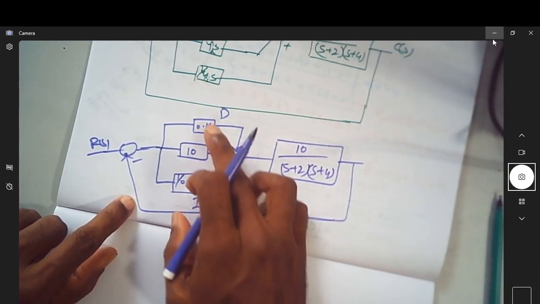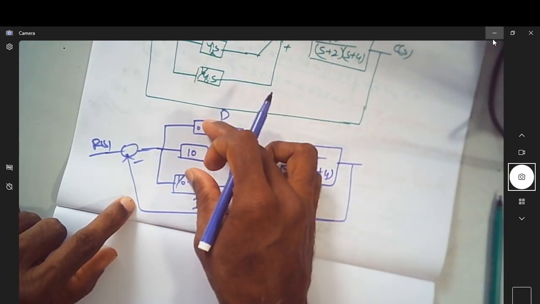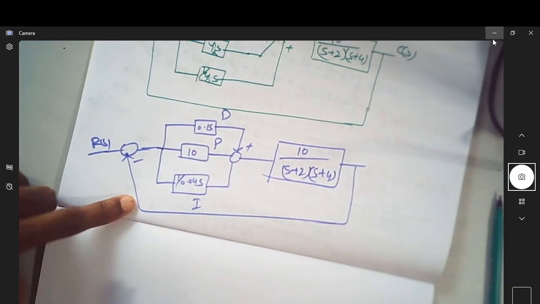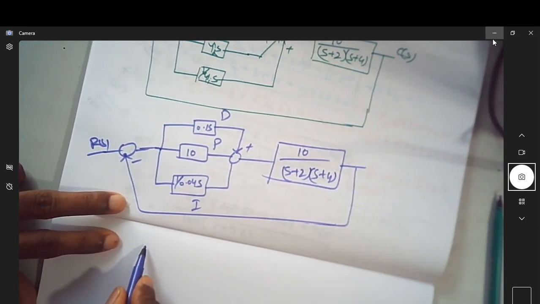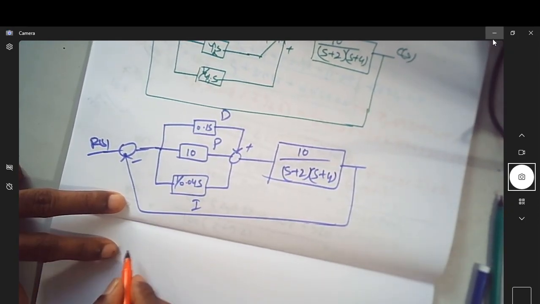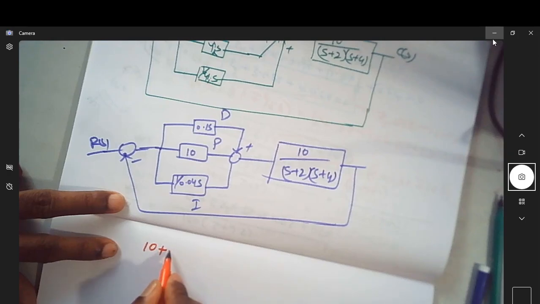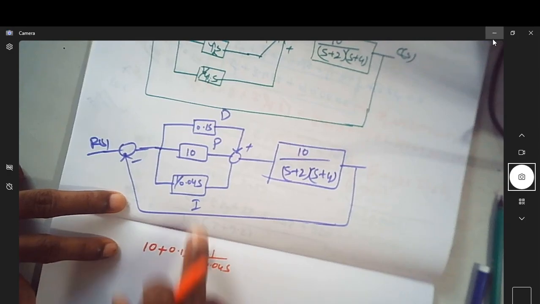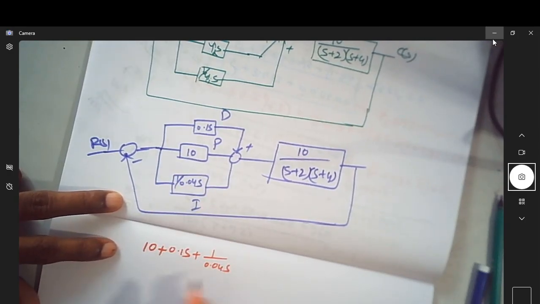So let us try to find out what is this block multiplied by this block. So this block happens to be, okay, now what we have is 10 plus 0.1 s plus 1 over 0.04 s. So this is this block. So let me try to simplify this.